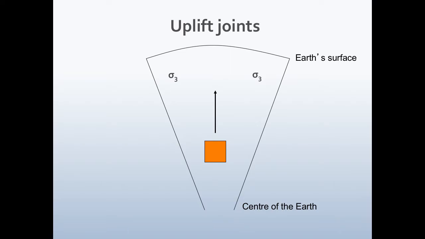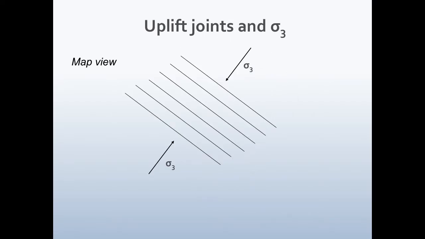That's indicated by the wedge shape of this. As the rock goes up, it is being asked to expand, but it can't really accommodate that. That results in the least principal stress being horizontal during erosion or exhumation, as we call it.